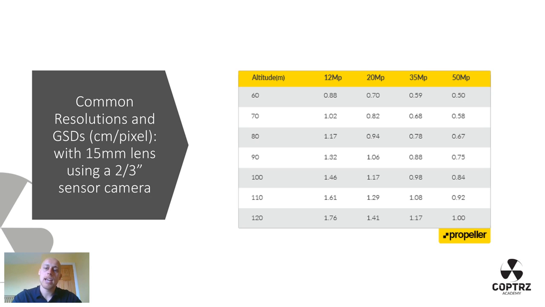What they're saying is you can fly at a higher altitude and capture really good data with a 50 megapixel camera, but with a 12 megapixel, it's a classic trade-off. If you want to invest less, you are going to fly lower, and you may have to put more time into the actual inspection or flight. But with a 50 meg, you are going to be able to fly a lot higher, which is very beneficial for a lot of companies.